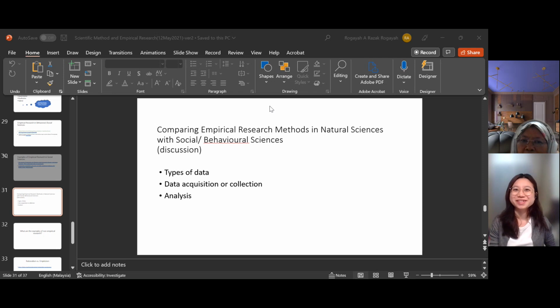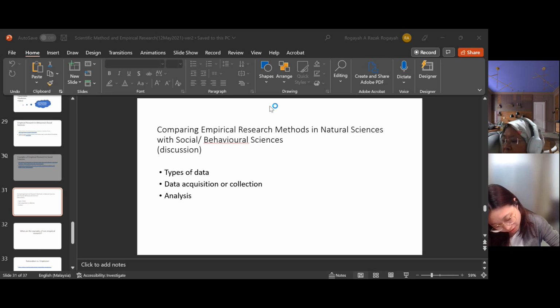Soil erosion, yes. Yeah, soil erosion and all that. So I don't know, I think that the natural sciences will be more primary data. Yeah.